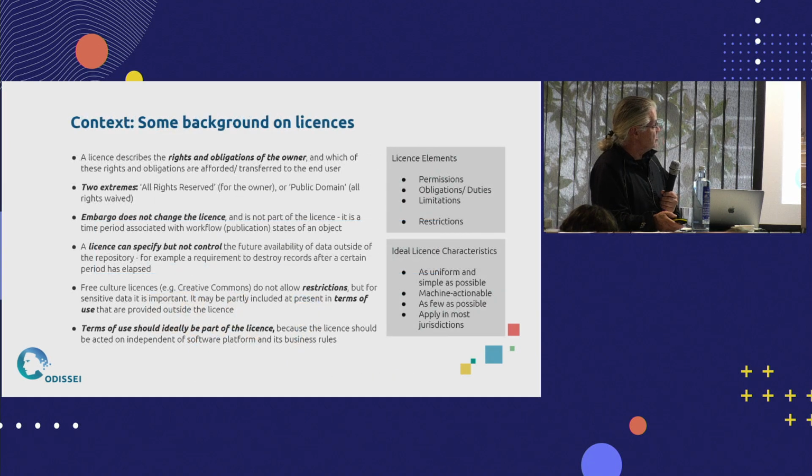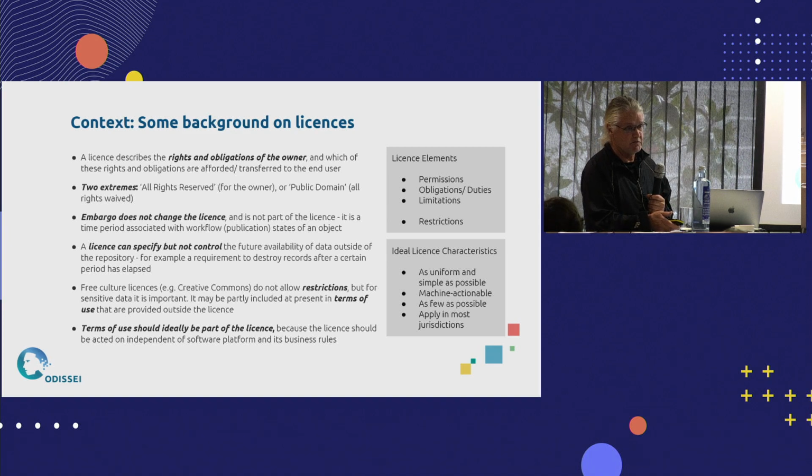So there's a whole bunch of things to know about licenses, but I'm only going to highlight a few. The first is that a license describes the rights and obligations of the owner or the rights holder of the object, and the extent to which these rights and obligations are transferred to end users. So that's what's contained in the license.